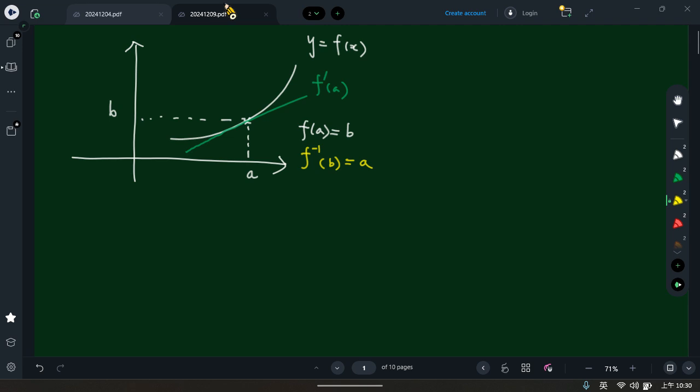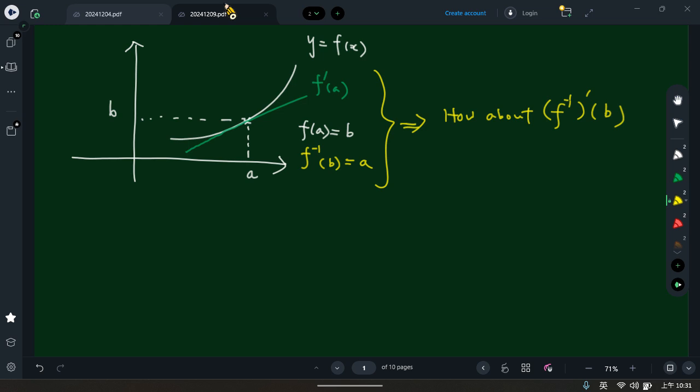How about f inverse prime of b? Because for the original function, the domain should be this domain.